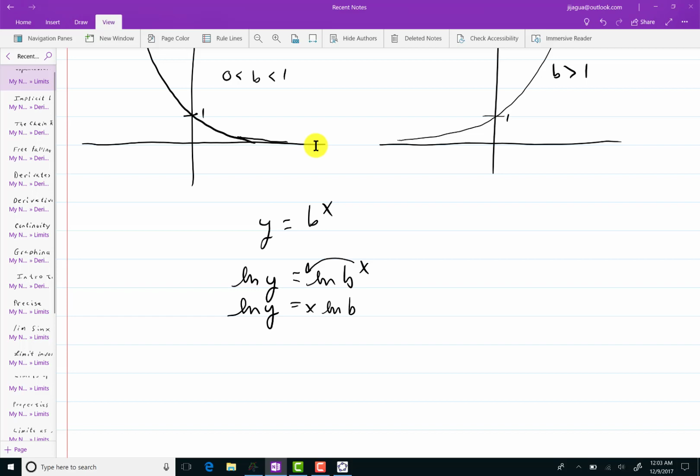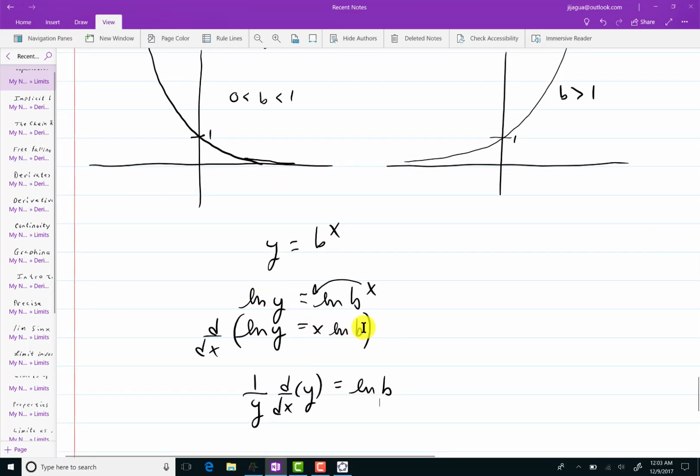Okay. Now let me take the derivative with respect to x of both sides. So on the left, you'll get 1 over y times y prime, because you have to use the chain rule. On the right, ln of b is just a number, so all you're going to get is ln of b. The derivative of x will be 1. So that takes care of that.